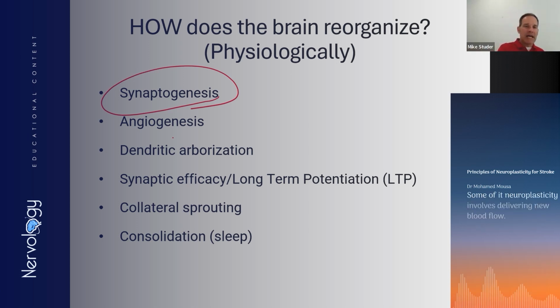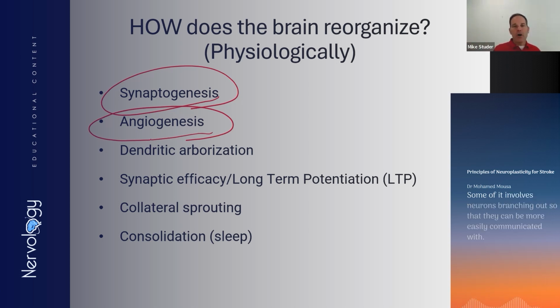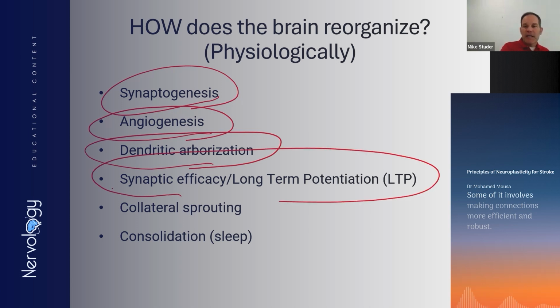Some of it involves delivering new blood flow. Some of it involves neurons branching out so that they can be more easily communicated with. Some of it involves making connections more efficient and robust.